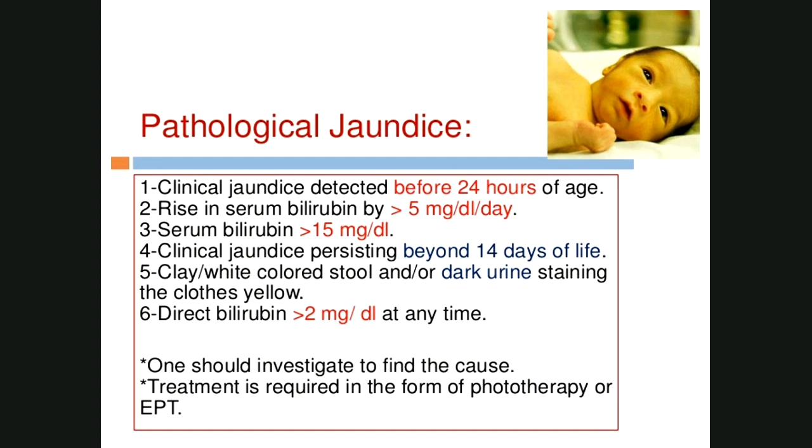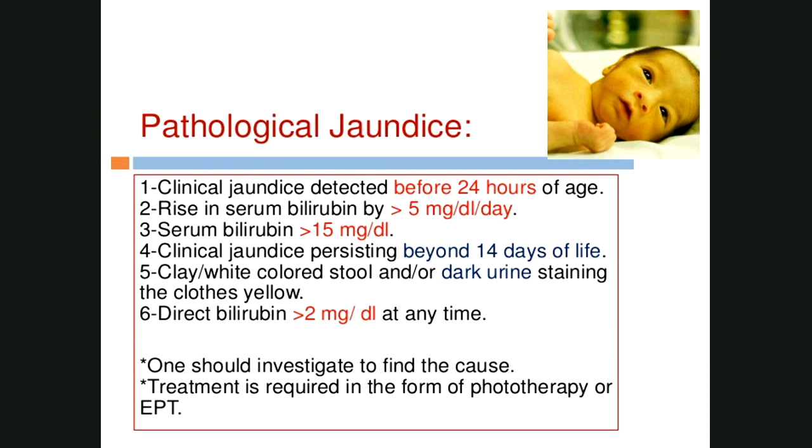But they're going to have clay, white-colored stools. This may be a nursing assessment, and or dark urine staining the clothes yellow. And if you just check their direct bilirubin, it'll be more than 2 milligrams at any time. So this is a rise by more than this much per day. And these numbers will make a little bit more sense when I move to the next slide.